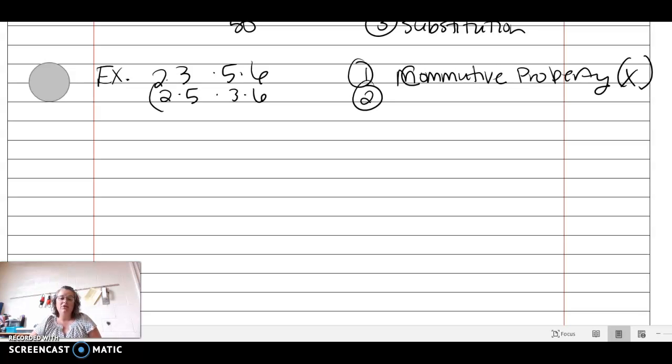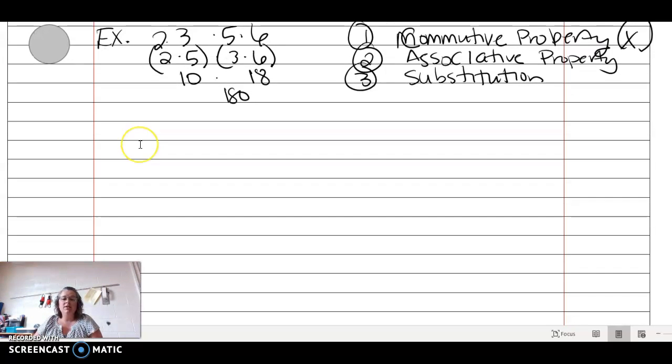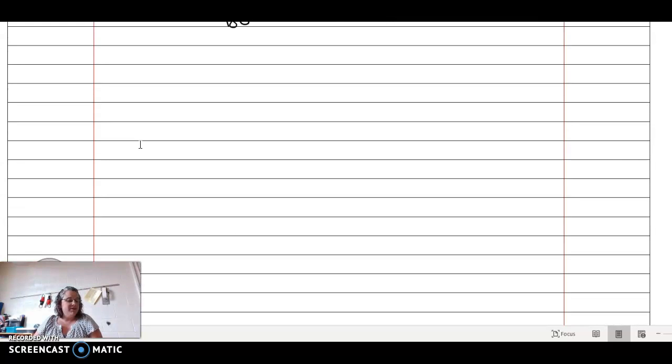Number 2, I can do these two first and these two second, which means you have the associative property. And that gives me 10 times 18. There's substitution. 10 times 18 is 180, which is substitution again. Okay. Again, if there's any questions, please let me know on Wednesdays when we have office hours.